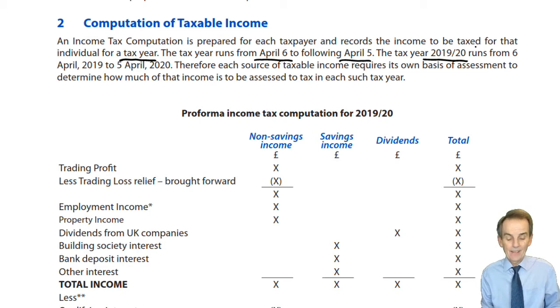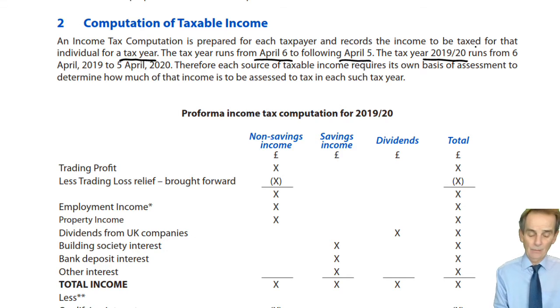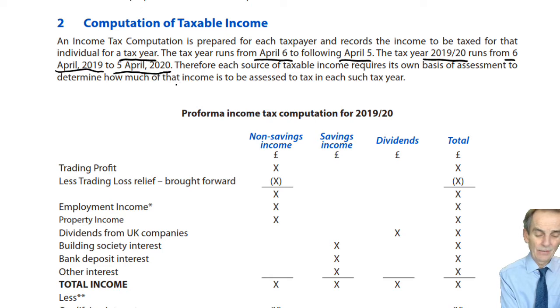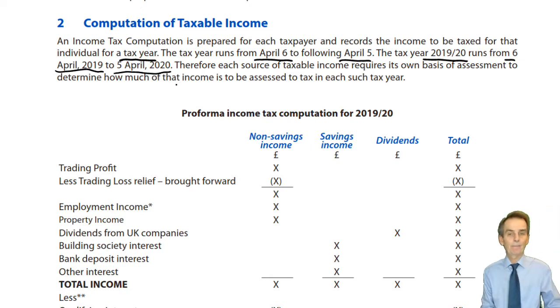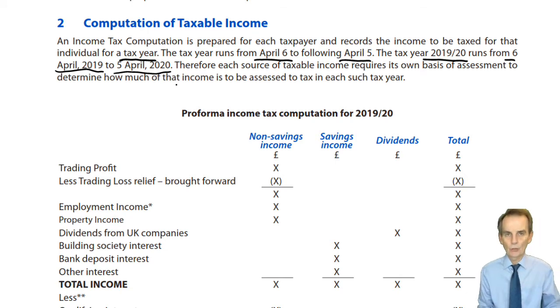Now, that tax year, as we see, runs from 6th of April to 5th of April, so it is from the 6th of April 2019 to the 5th of April 2020. Now, herein lies the problem. Our different sources of income don't always relate exactly to that time period. For an example, an unincorporated trader.